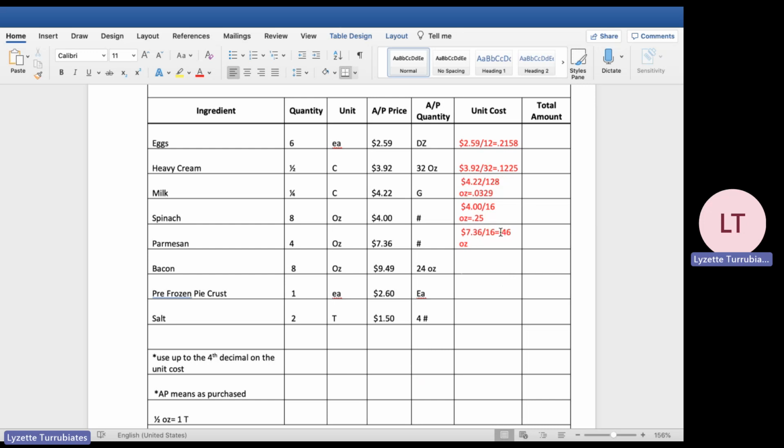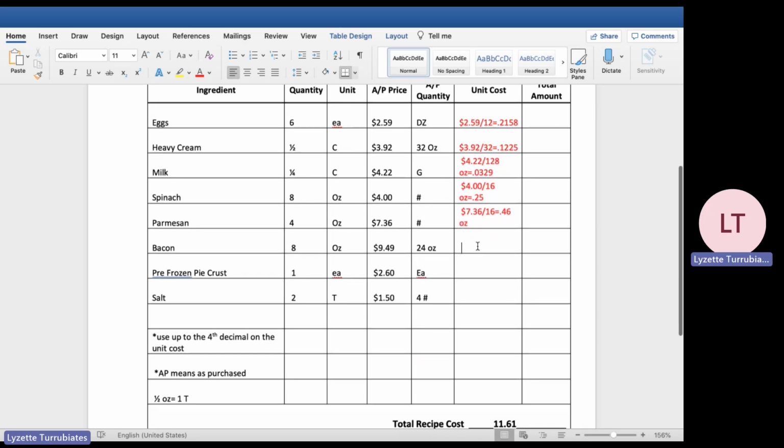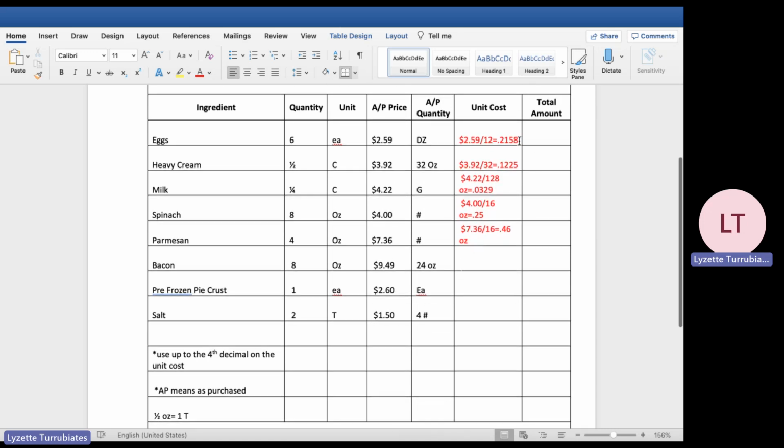You could just put 0.46 and I'll know exactly what you are meaning. You can just say each or ounce, right, for each of these.